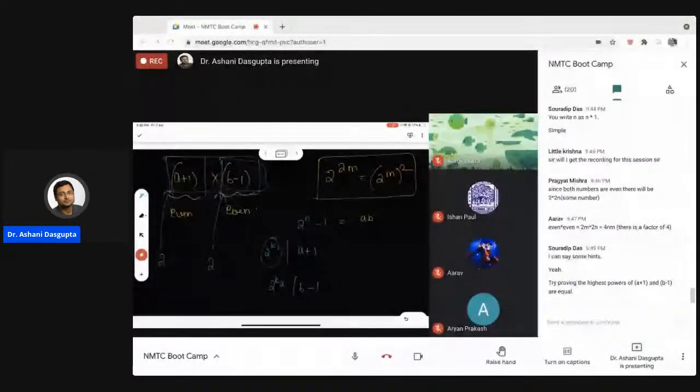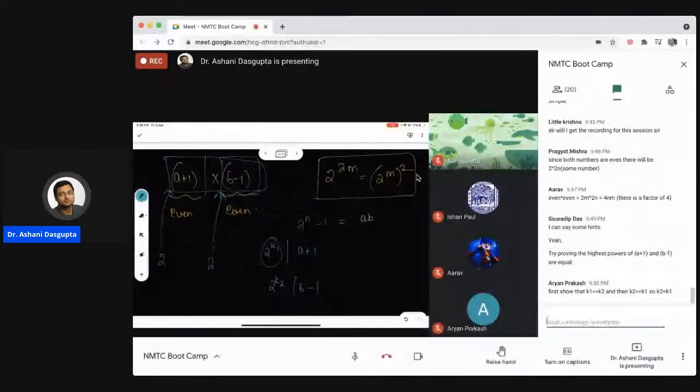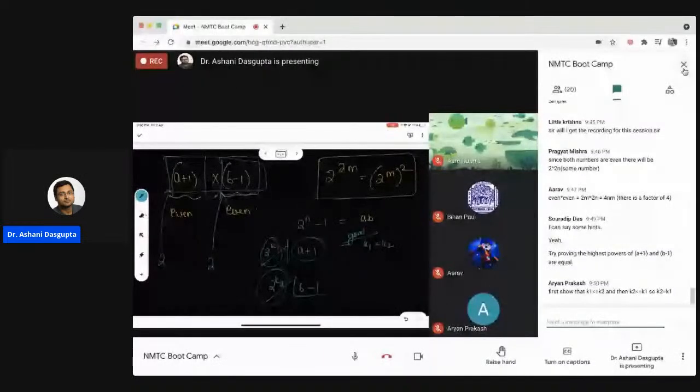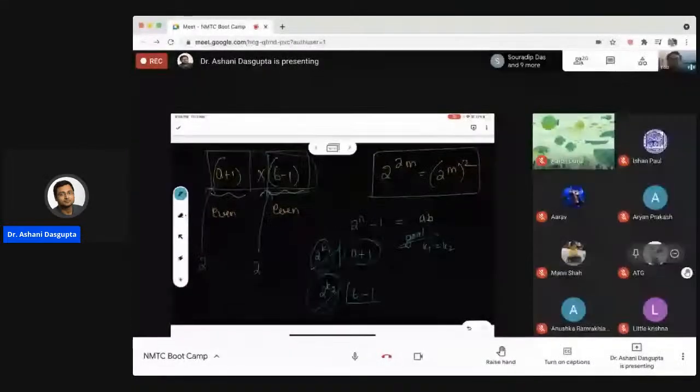How do we show that if the highest power of 2 that divides a plus 1 is 2 to the power k1, and the highest power of 2 that divides b minus 1 is 2 to the power k2, both of these k1 and k2 are equal? That's the goal. So I ask you to think a little bit again, all of you. There's no point in just giving the solution. We have to deliberate what's going on here.